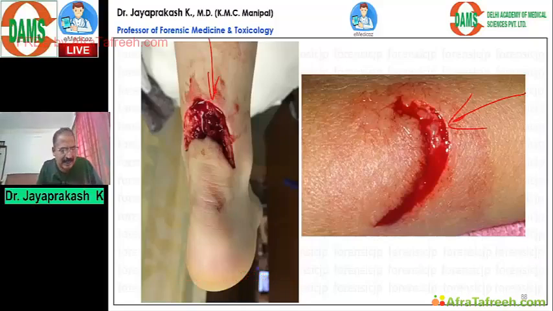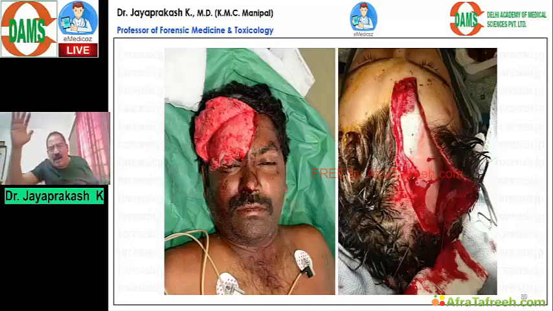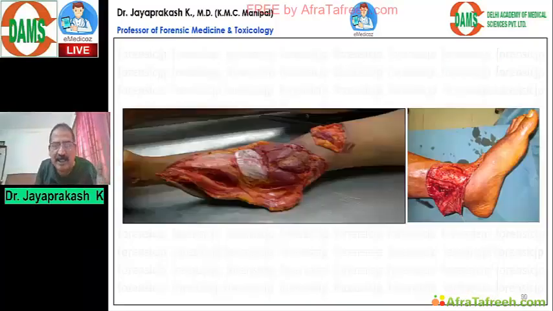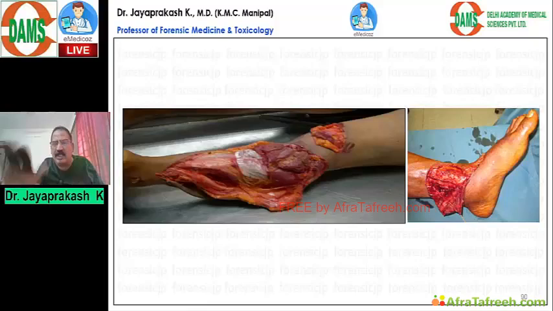Avulsion is like when you remove the dosa or chapati from the tawa, the entire skin comes out, usually along with subcutaneous tissue, where you can see underlying muscular fascia or sometimes directly bone where there is no muscle, like the anteromedial aspect of the leg. You see only the bone.